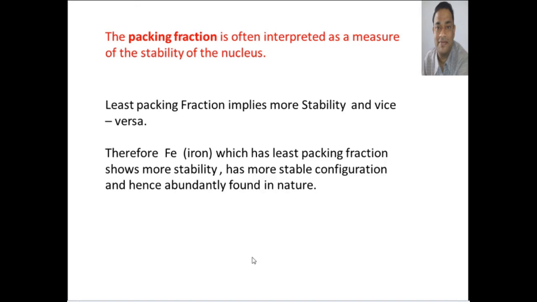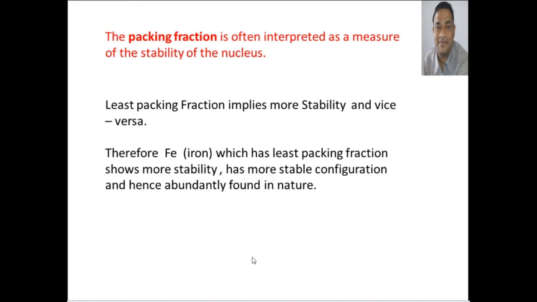It denotes how stable the nucleus of a particular element is. If the value of packing fraction is small, it is least, then it implies that the nucleus of that element is more stable, and if the value of packing fraction is more, then it implies that the nucleus of that element is highly unstable.